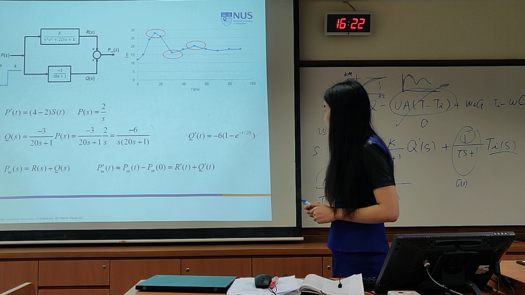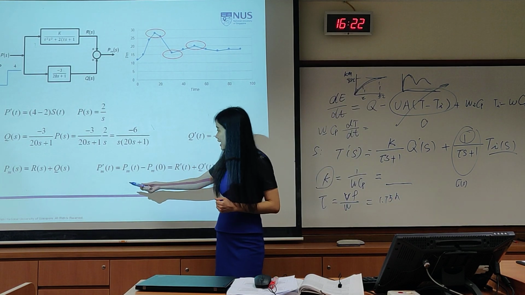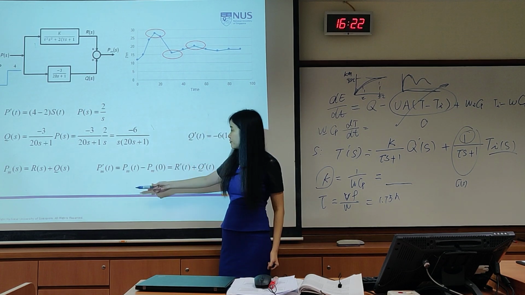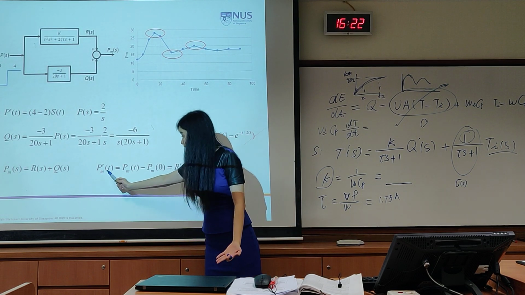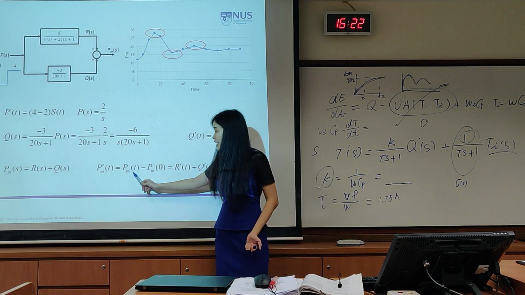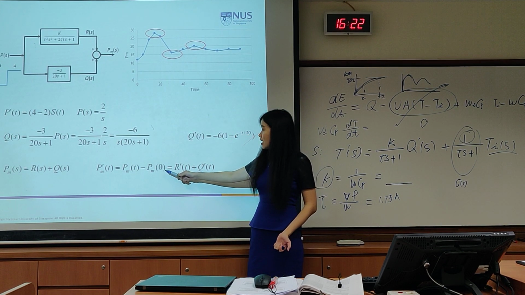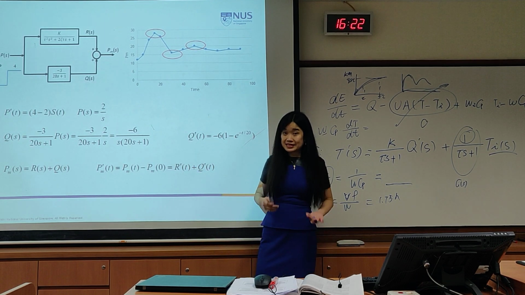Okay. So since we know the Q, P, we know the PM, then we turn the PM to the time domain as well. So here, by definition, the deviation of PM prime is just use the real PM output in the time domain minus the initial value of PM. So PM0, the initial steady state value.